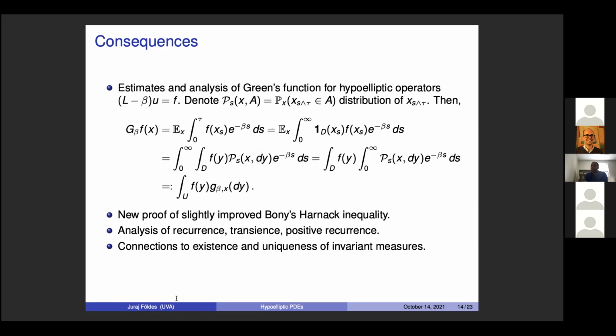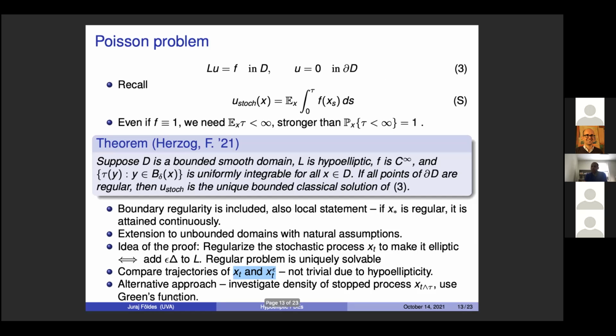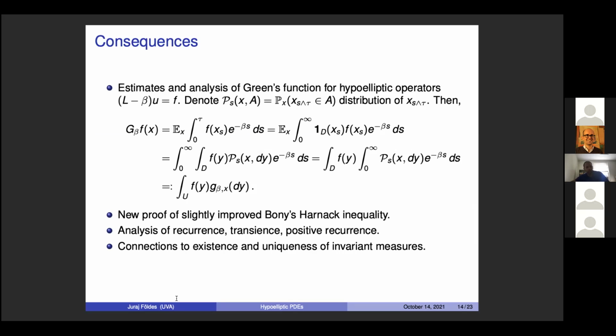All right. So we have consequences. We have well-posedness for this hypoelliptic problem, and there are many consequences that we included with David Herzog in the paper. So we have estimates and analysis of the Green's functions for the hypoelliptic operator. What I mean by that is another nice probabilistic formula. Imagine that I'm looking at the problem.